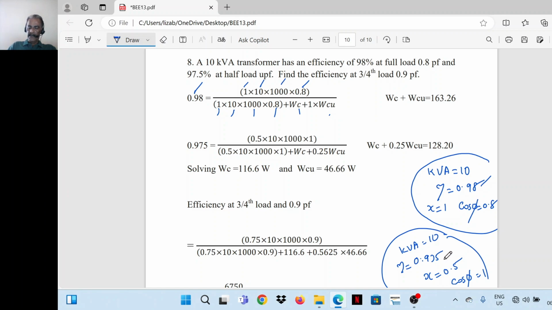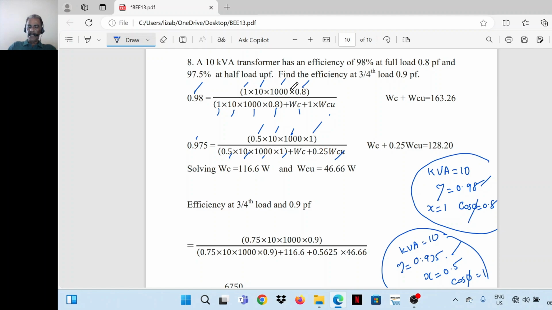Second case, the efficiency is 0.975. So 0.975 is equal to, x is 0.5 and cos phi 1, x kVA 10 into 1000 into cos phi 1 divided by x kVA 1000 cos phi plus WC plus x square, which is 0.25 into WCU.